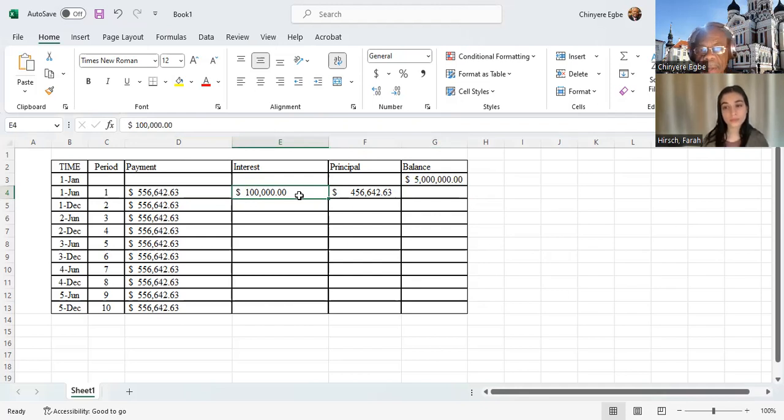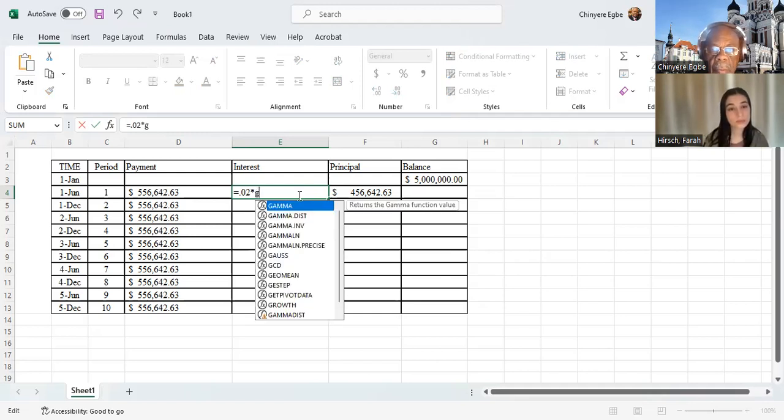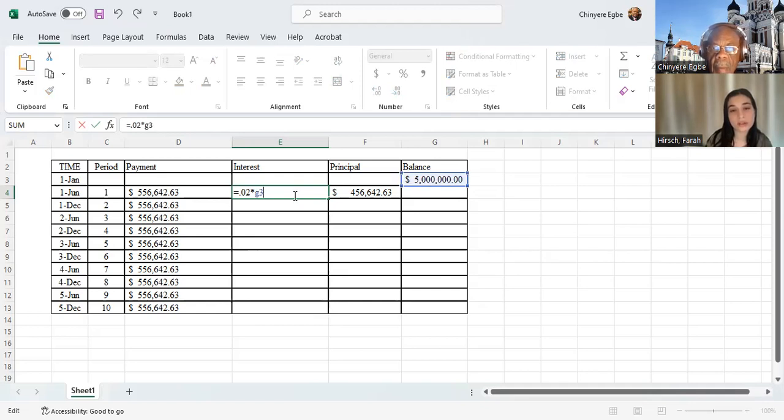So let's calculate the interest. The interest equals 0.02 times G3, which is the 5 million here.